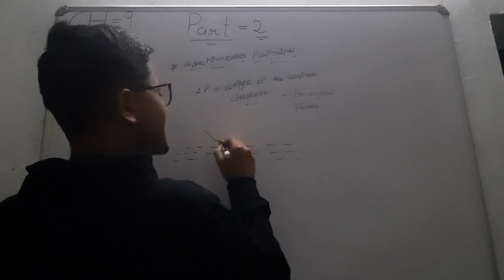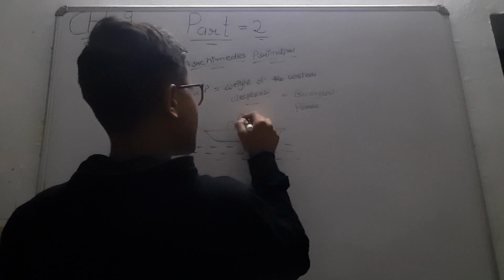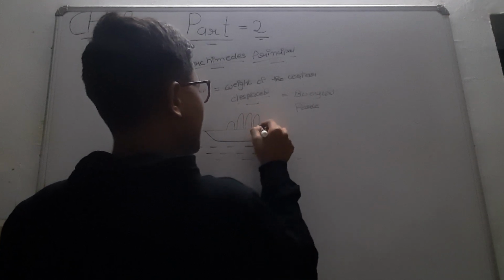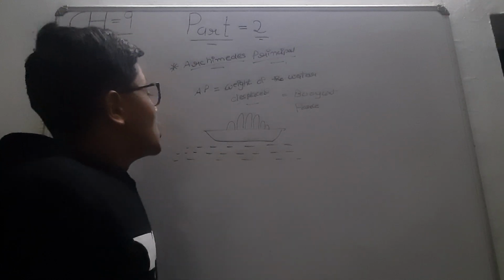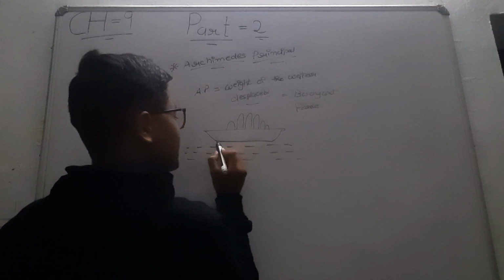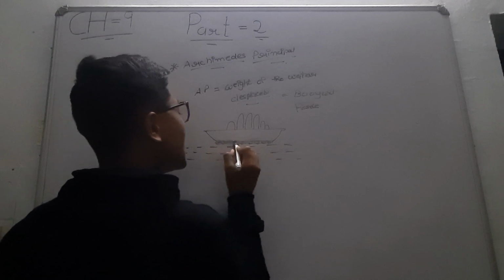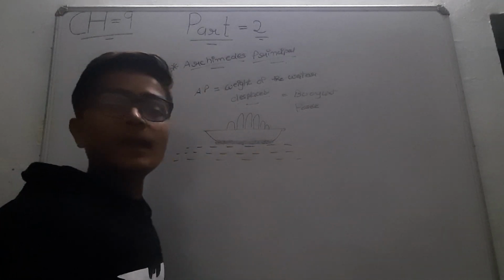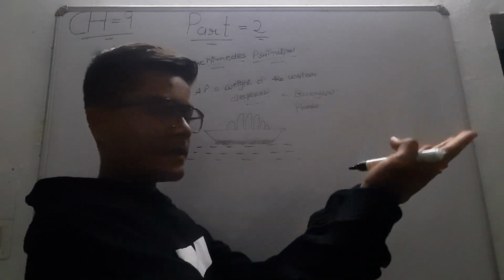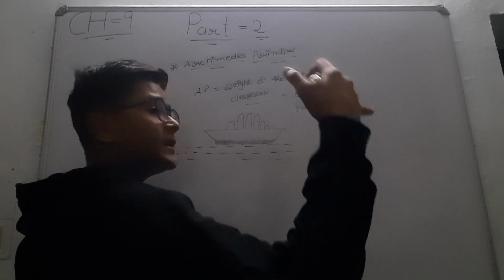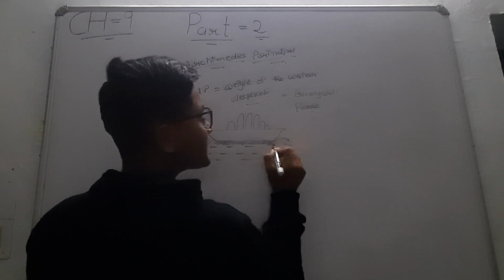And the big ships are floating on it. So what is happening? The surface area of ships is very large, and when you put a ship in the water body, it displaces a lot of water.